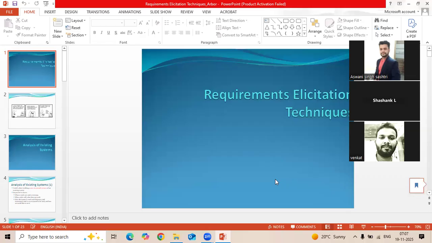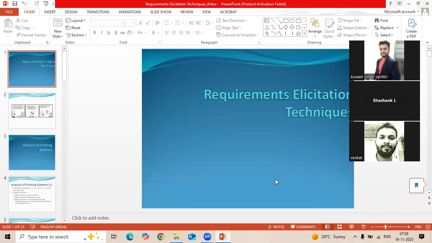Now this is a very important section from the interview perspective. Let me tell you which questions will come from this section in the interview. The first question: how are you gathering requirements in your project as a business analyst from the client?